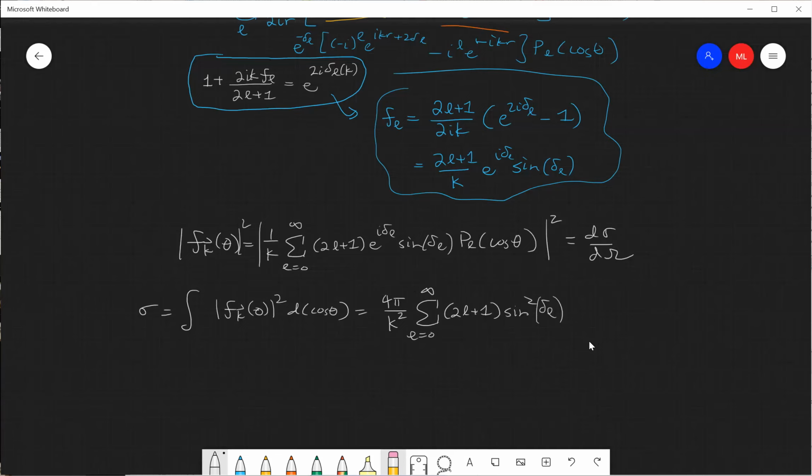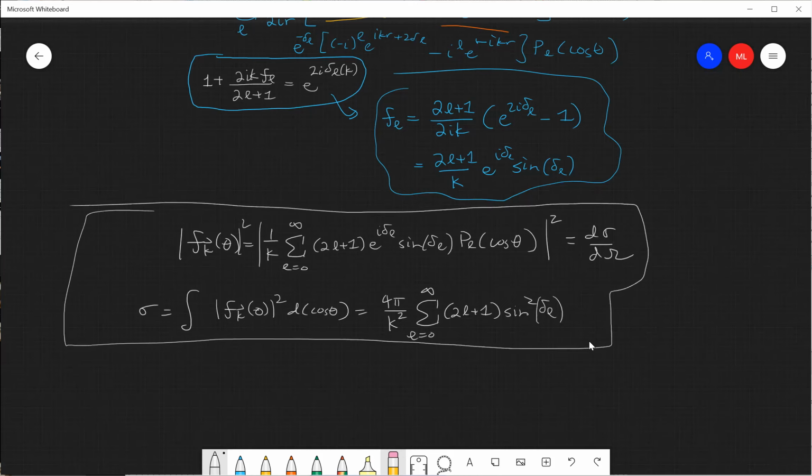It's just solving Schrodinger's equation, but interpreting it in the proper way to solve scattering problems. So these are the key formulas for partial wave expansion that connect the solution of Schrodinger's equation to the actual measurable things.